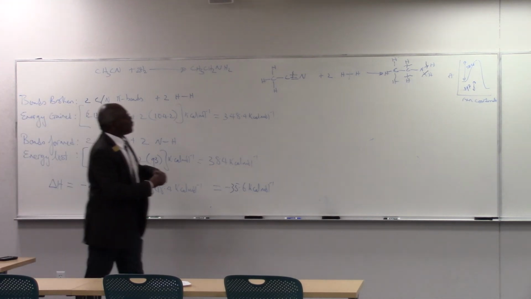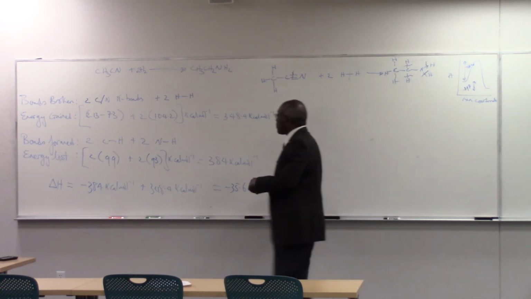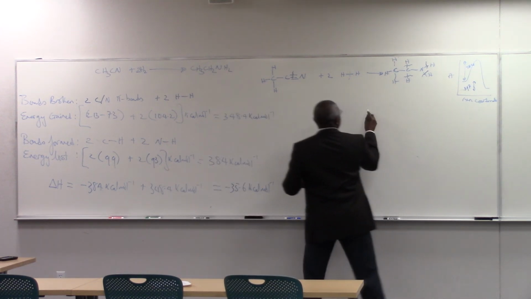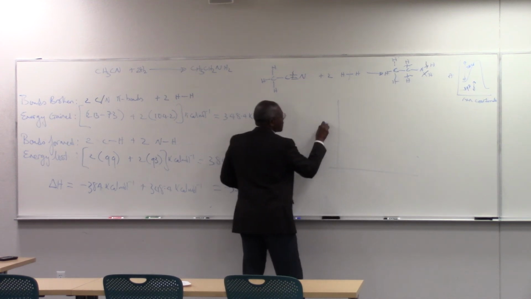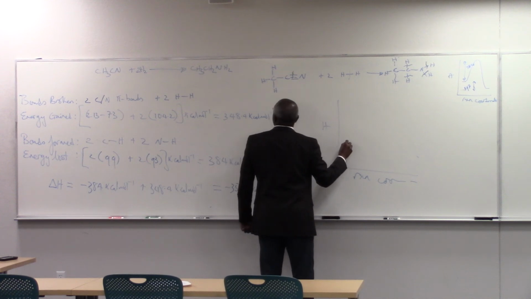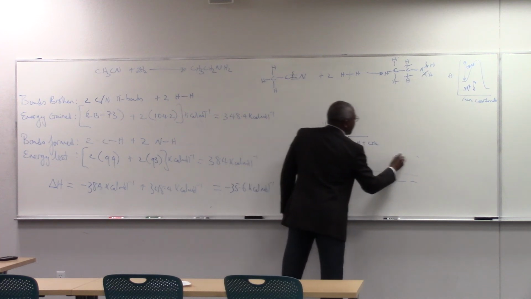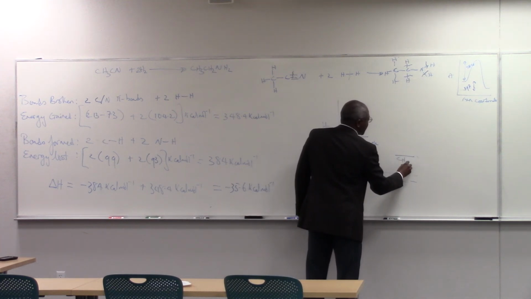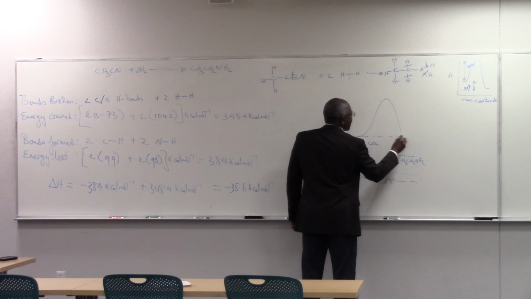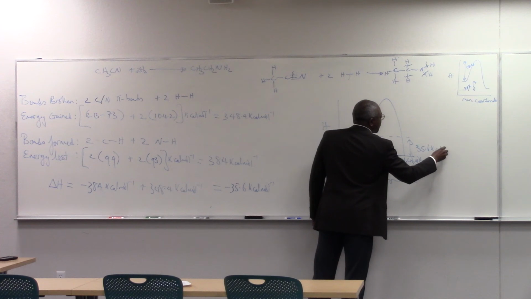Right, so we would determine how much energy, and if you were asked to sketch the plot for this reaction, you would put the axes, so H against reaction coordinate, and then you would have CH3CN plus 2H2 as the reactant, and then your product would be CH3CH2NH2, and then you draw this, and you tell me that this value is 35.6 kilocalories per mole.